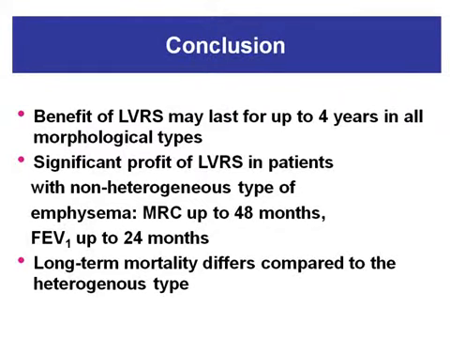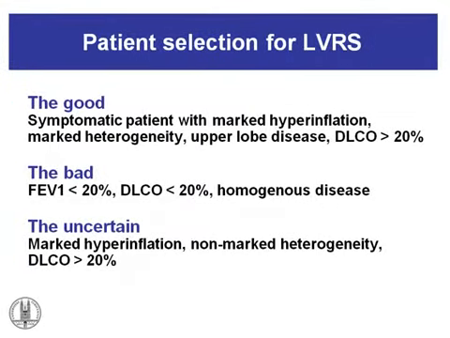A significant profit was seen in non-heterogeneous patients with an MRC dyspnea score improvement up to 48 months and FEV1 up to 24 months. Slightly inferior, but from a clinical standpoint for the patient also a good benefit. However, long-term mortality differs compared to the heterogeneous type, but this has most likely nothing to do with surgery rather than with the disease itself.